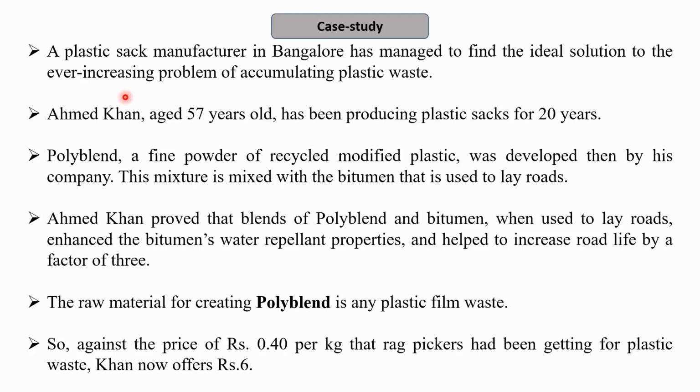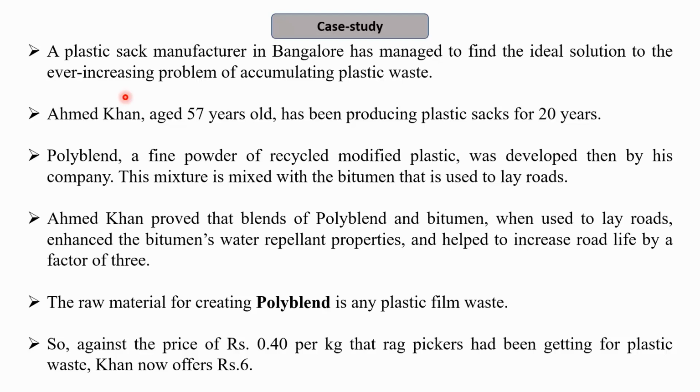Ahmed Khan proved that when blends of Polyblend and bitumen were used to lay the roads, it enhanced the bitumen's water repellent property, and thereby increased the road life by a factor of 3.